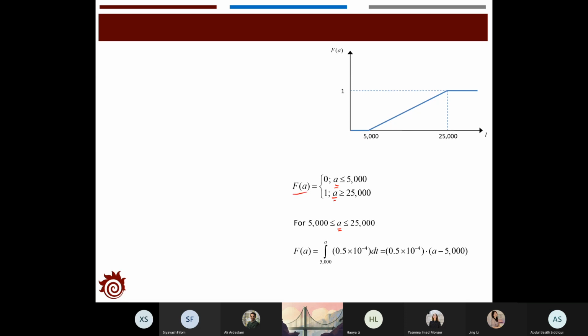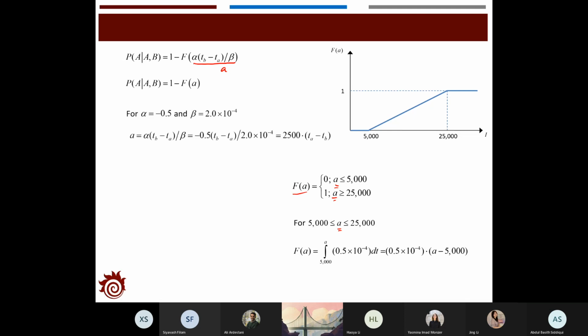For the original formula we derived, the probability of choosing A is 1 minus F times alpha times TB minus TA divided by beta, where A is as we defined, and we have already derived the CDF.